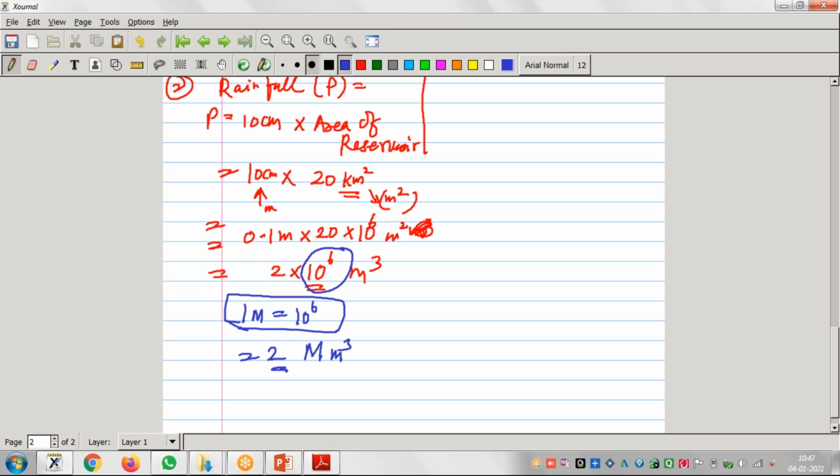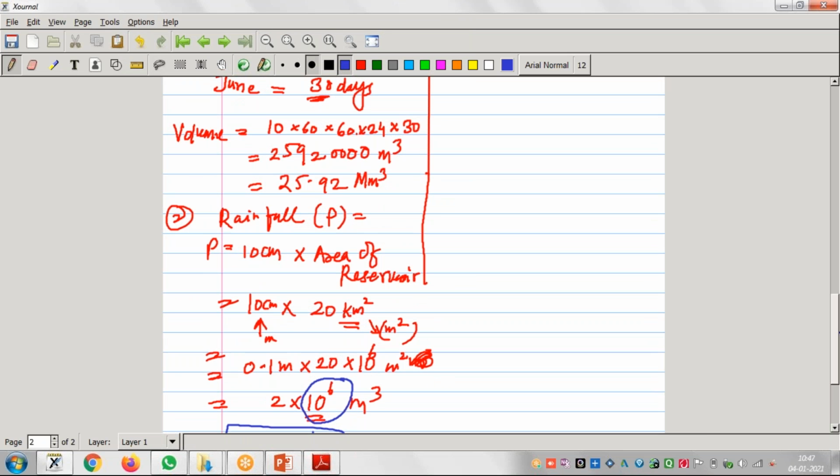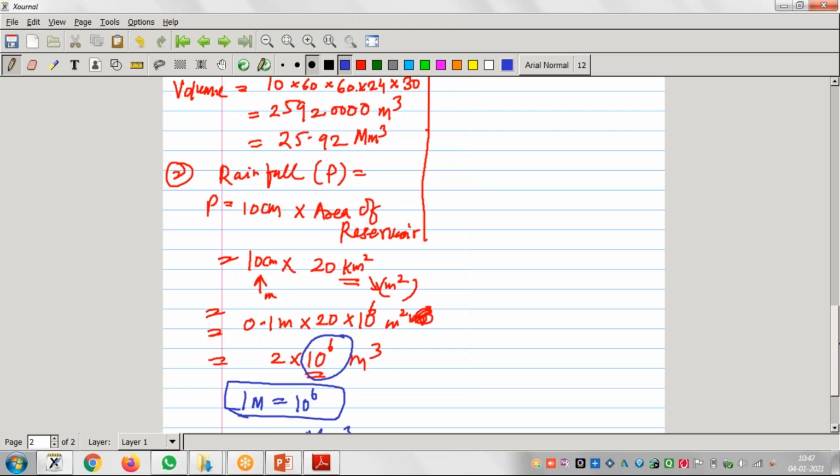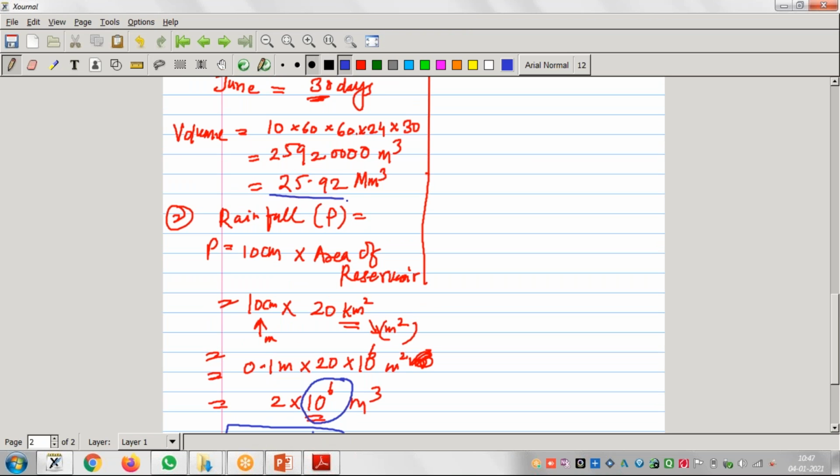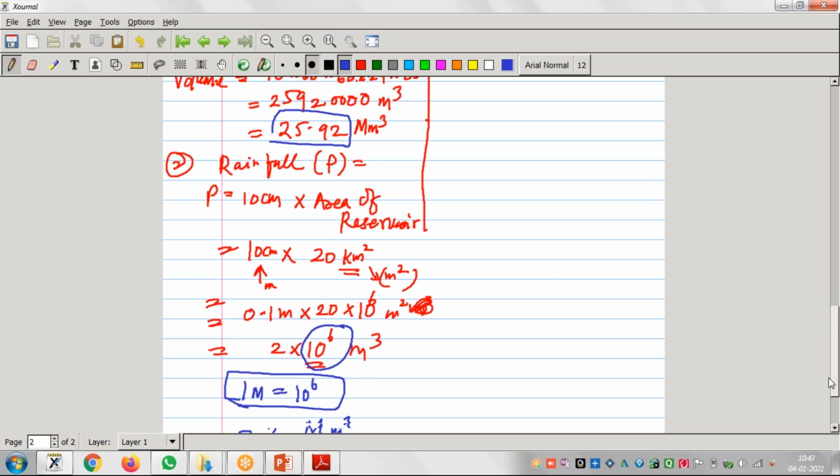So this 2 million meter cube is the rainfall for the whole area. This is the quantity of water which is incoming by rainfall, right? So we know that there are the two quantities. First is this inflow, and second one is this 2 million meter cube, right?